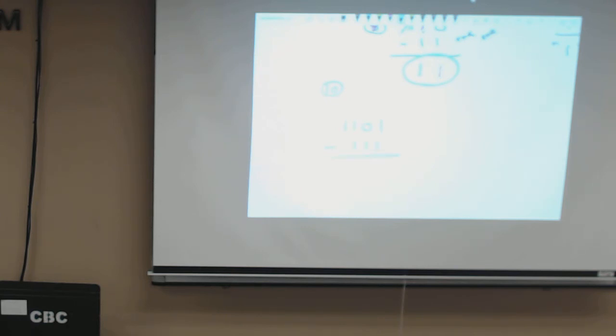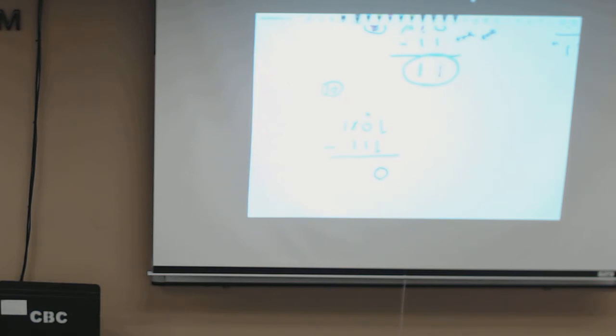Well, this will be easy. 1 minus 1 is just 0, right? But then, now watch. Since it's binary and it's base 2, see if you can make this adjustment in your head. 1 of these equals 2 of these. It always works that way.